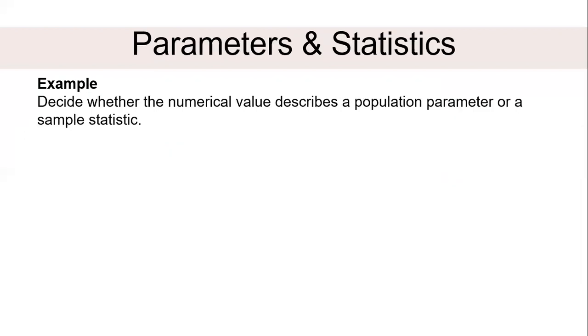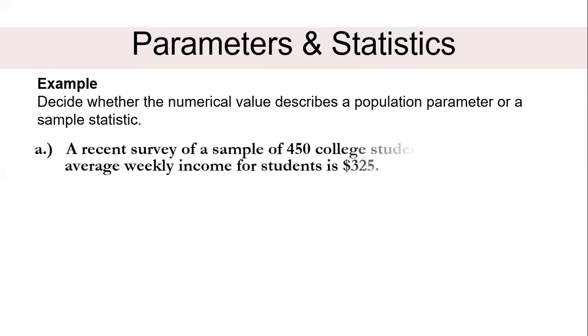Okay, let's have this one. Decide whether the numerical value describes a population parameter or a sample statistic. How about this? A recent survey of a sample of 450 college students reported that the average weekly income for students is $325.